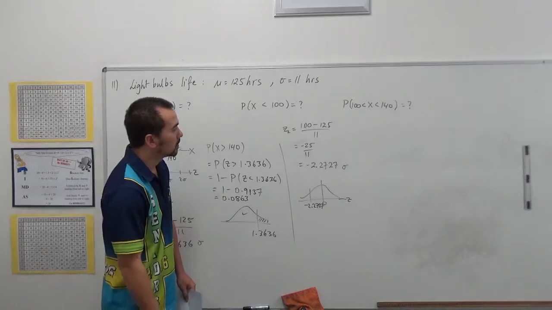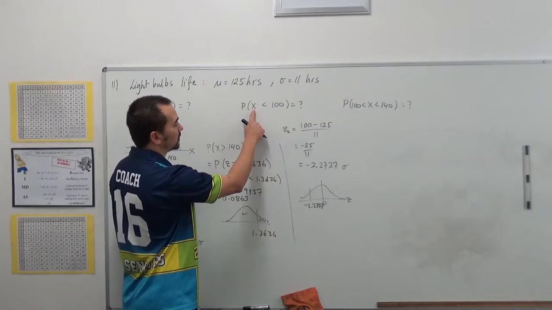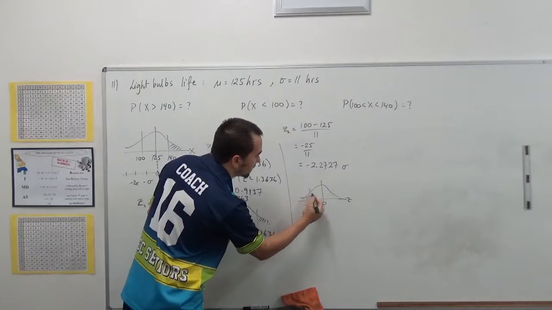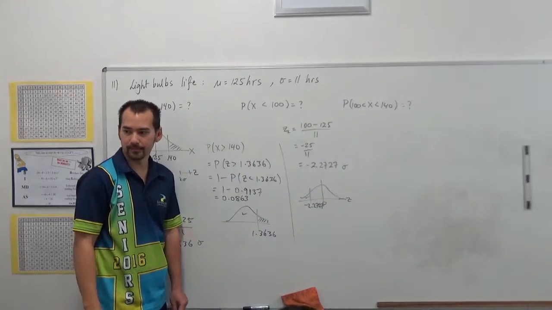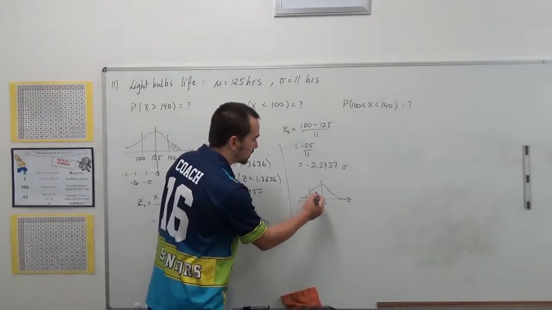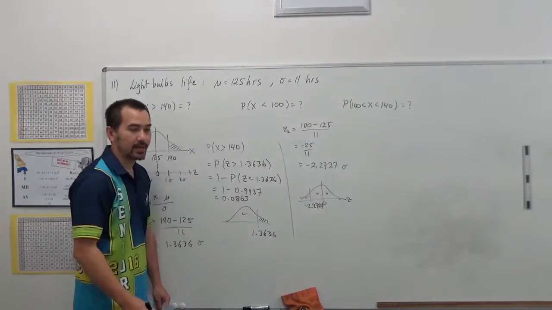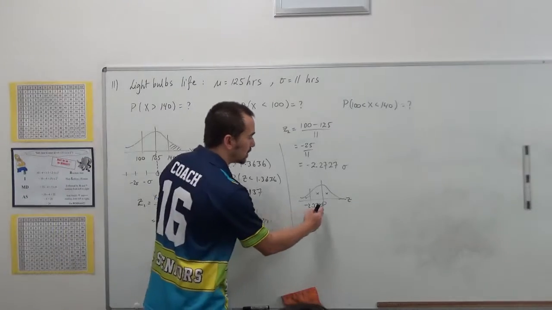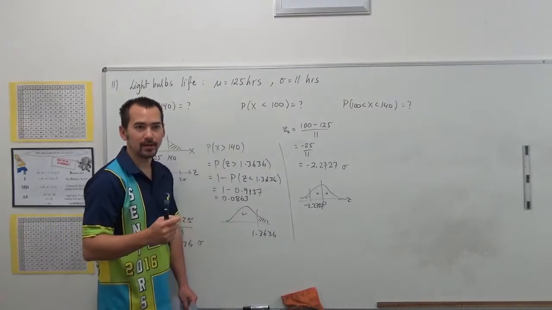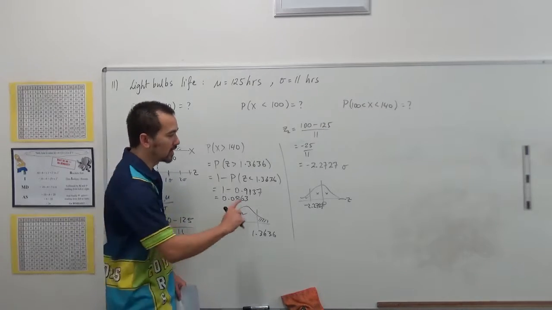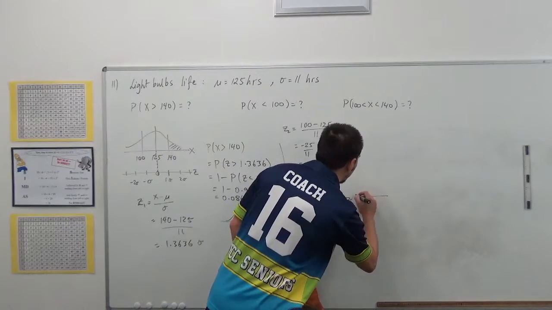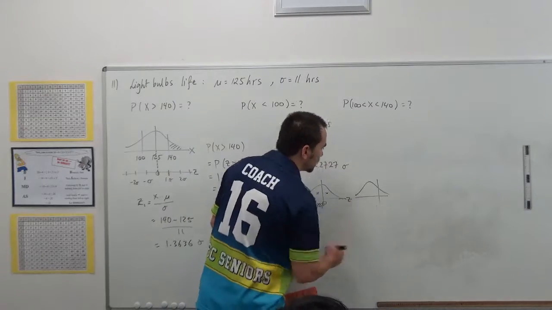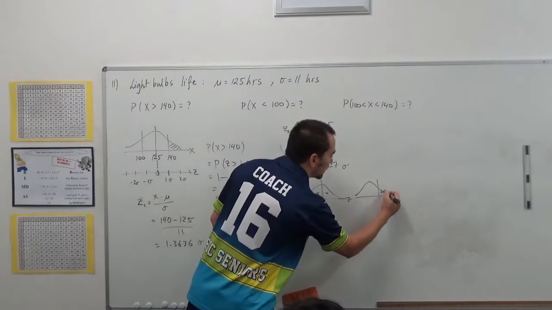Right, so we're looking for the number of bulbs less than 100, so it's this area we want. Okay, we don't want this. And our tables give us only positive values for z, so we're going to have to use our reflections and say negative 2.2727 is also the same as this area here.